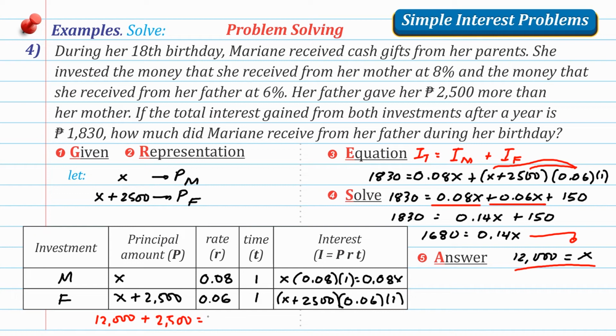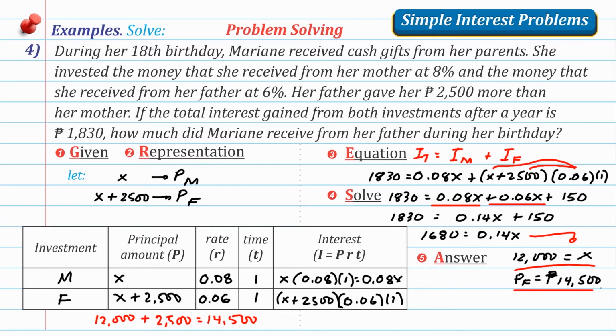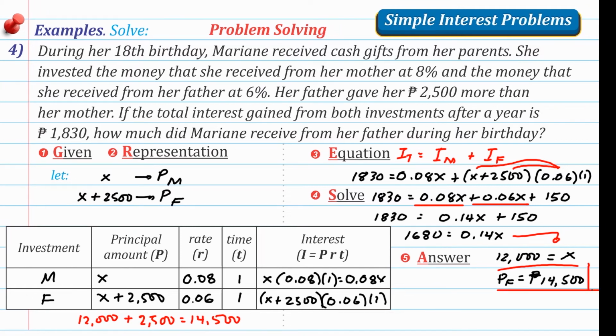The total then is 14,500. So the final answer, the principal from her father is equal to how much? 14,500 pesos. This should be the answer.